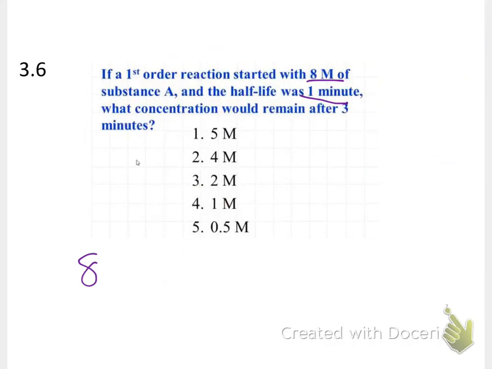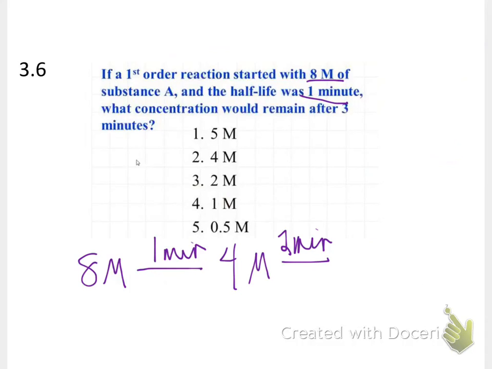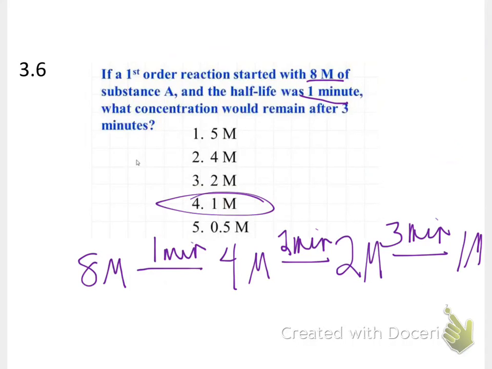I have 8 molar, and if I go down 1 half-life, 1 minute, I should have 4 molar. 1 more minute, at 2 minutes total, I should be at 2 molar. At 3 minutes total, I am at 1 molar. So my answer is going to be 1 molar.